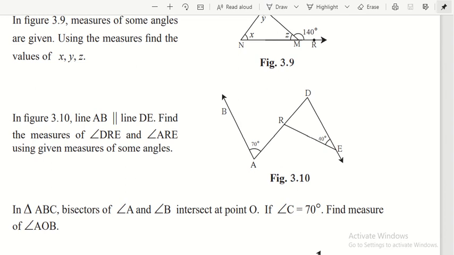As we get angle ADE, that is RDE, because these are collinear points, which we can denote as A-R-D. So this angle is 70 degrees, this is 40 degrees. So in this triangle we can find this angle DRE, because the sum of the measures of the angles of a triangle is 180 degrees.